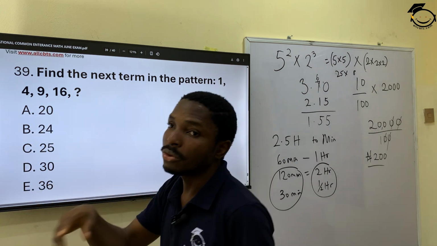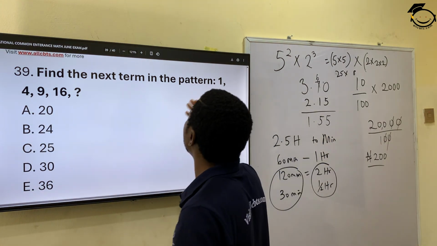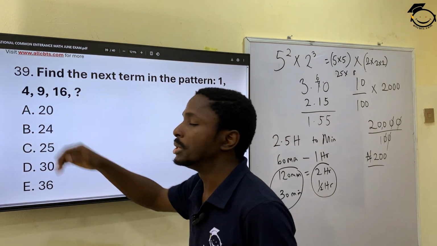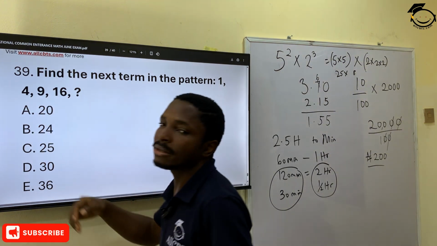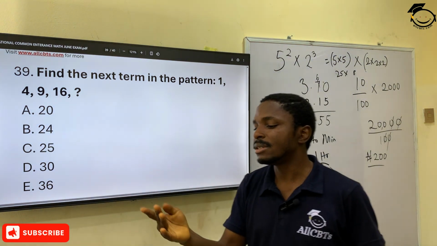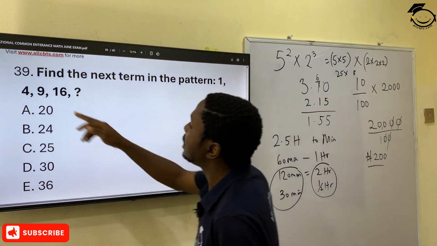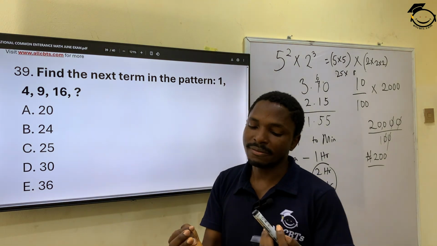From 1 to 4, you can see that there are 2 numbers between them, depending on how you count. Then 4 to 9, let's say 5, 6, 7, 8. That's 4. Then 9 to 16: 10, 11, 12, 13, 14, 15.